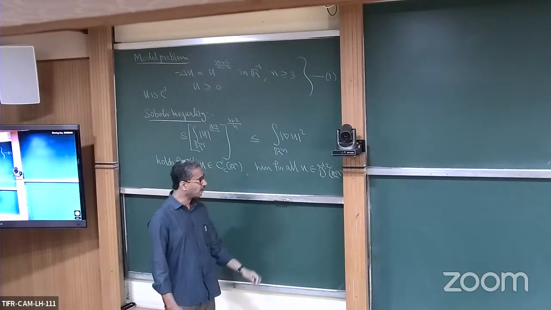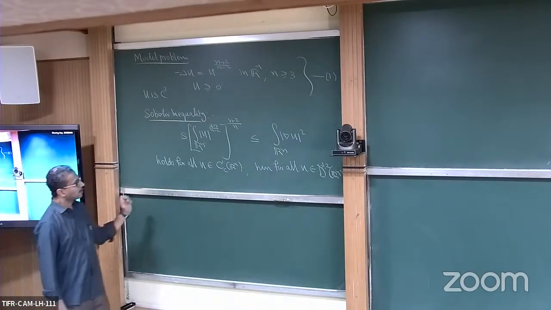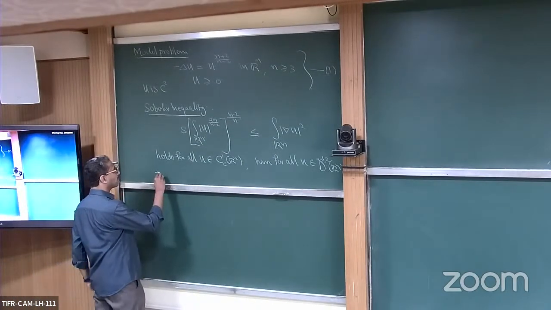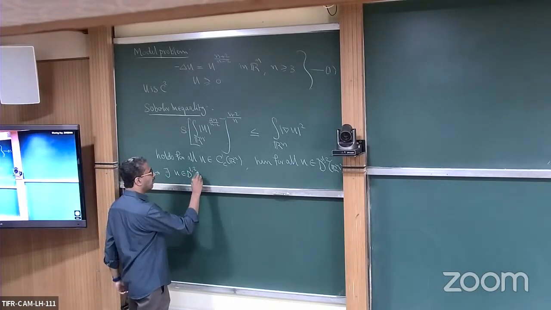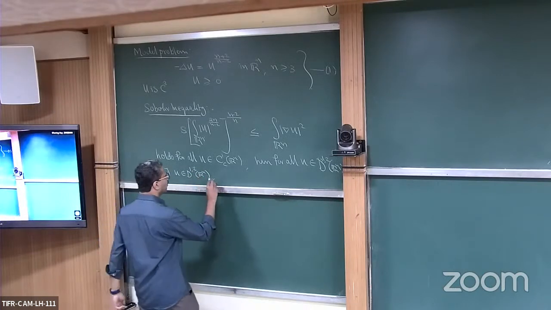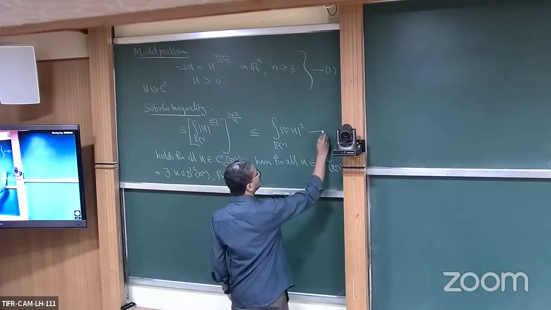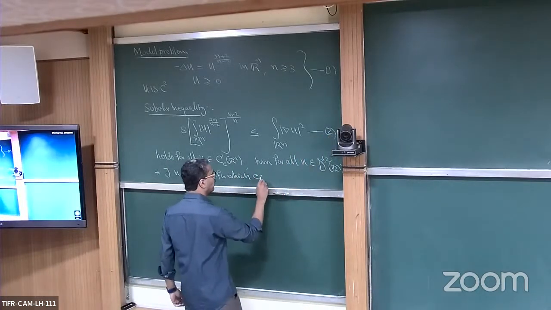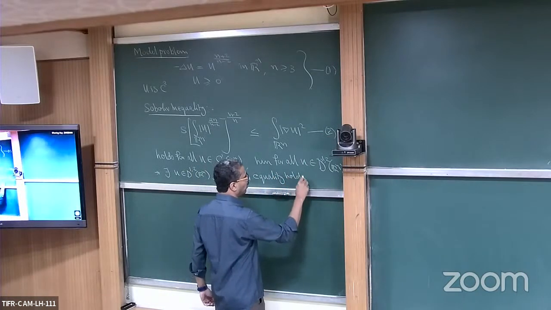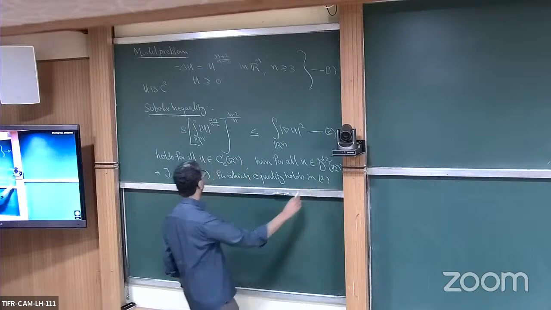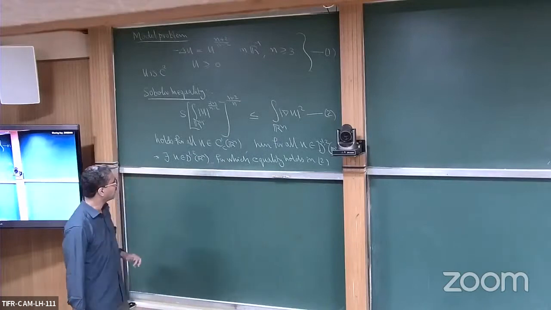In fact, there are functions in this space D^{1,2}(R^n) for which equality is achieved. So there exists a u in D^{1,2}(R^n) for which equality holds.